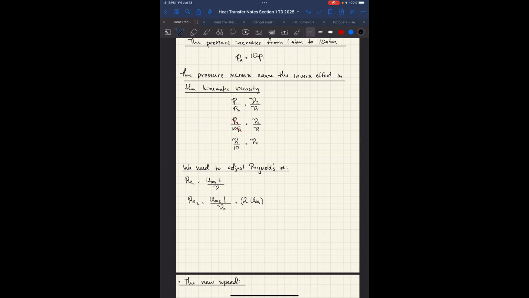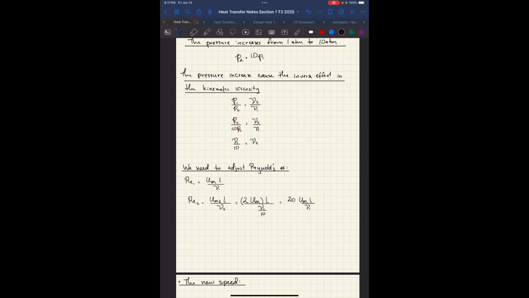So I'm just plugging in. The new speed is twice the old speed, and your new kinematic viscosity is the original kinematic viscosity divided by 10. So if I just shift some of this algebraically, basically you're going to get 20 times U infinity 1 times L over nu 1.